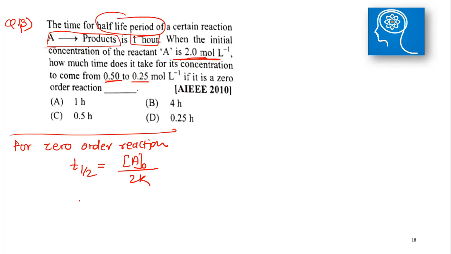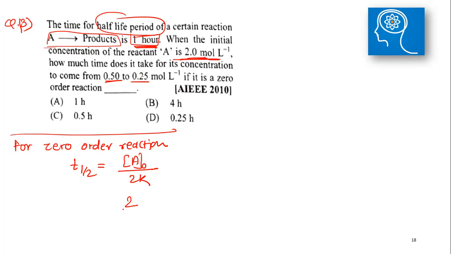Okay, so बघा कसं लिहायचं आहे. Initial concentration is 2. Okay, and the time for the half life period, time is 1 दिलाय.